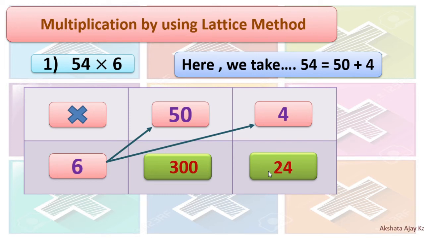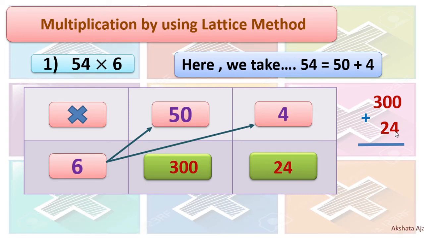Now the next step is to add these two numbers. First we will write 300 plus 24. Yes, dear children, while writing 24, you have to take care. You have to begin with unit place. Okay? 0 here, 4. It should not come below 3.